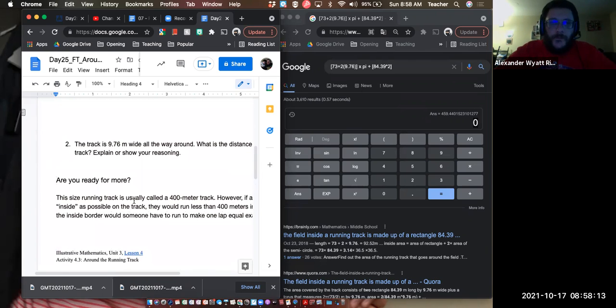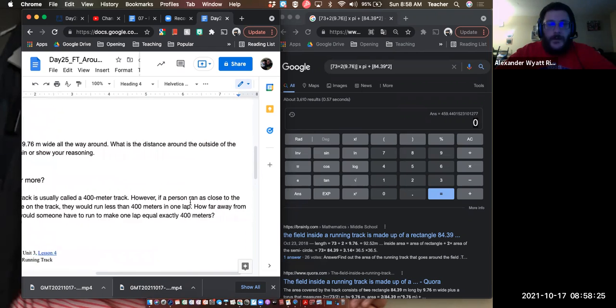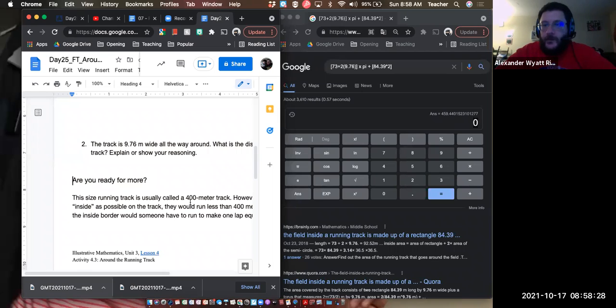All right, cool. So the inside of the track, the track is called 400 meters. 400 meter track. So if you wanted to go 400 meters, how far into the track do you have to be in order to be at the 400 meter mark?